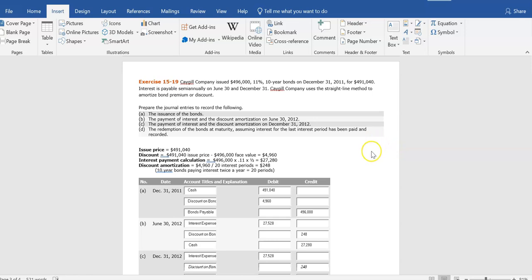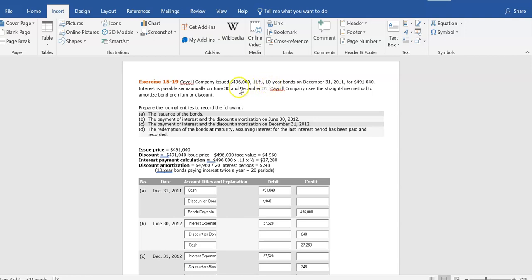Let's walk through this example for a bond. The difference from the last problem we did, which was a bond issued at a premium, is that this one will be a bond issued at a discount. So Cahill Company is issuing $496,000, 11% 10-year bonds. That means these bonds are promising to pay $496,000 along with 11% interest every 6 months over their life for 10 years.